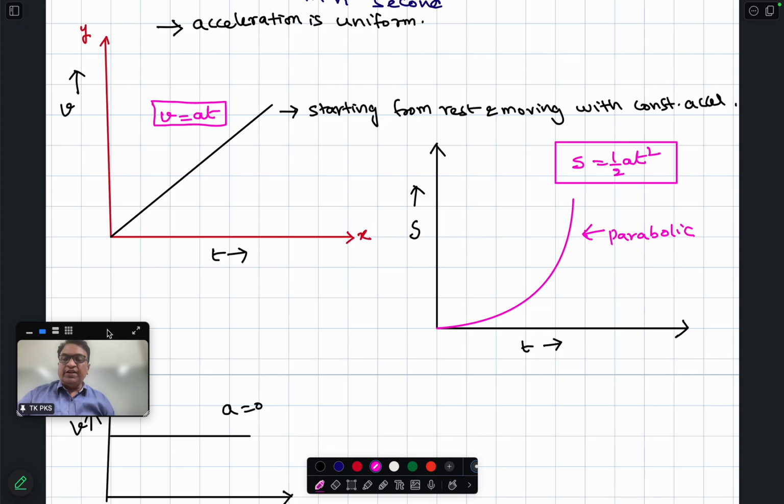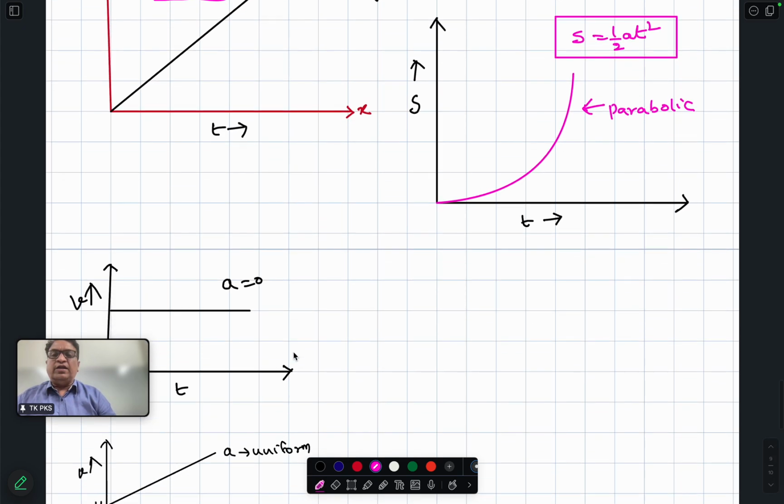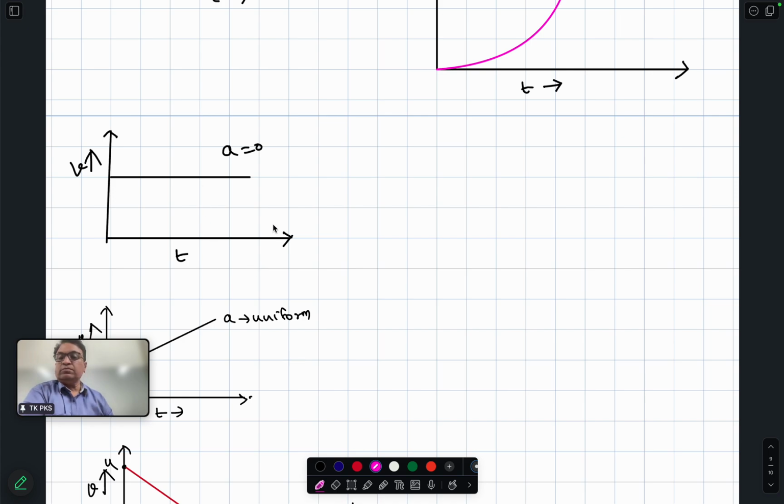Now the next question is, now I have plotted another graph here. Remember, this is always V is equal to U because acceleration is 0.